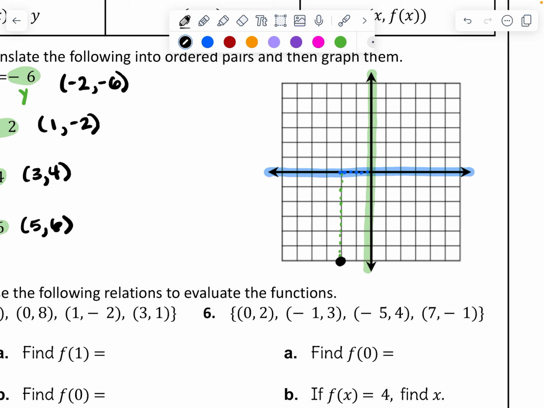Here we go. To plot 1, negative 2, I would go to positive 1 on the x-axis and negative 2 on the y-axis. 3, 4, that's positive 3 and positive 4. And 5, 6 would be 5, 6.